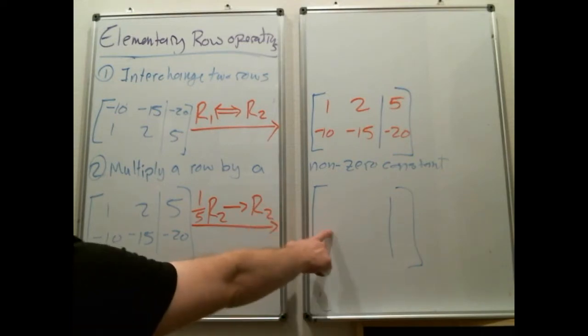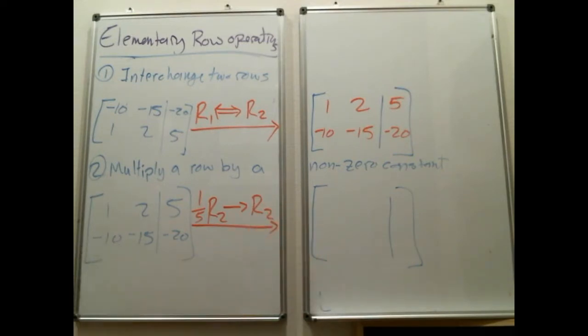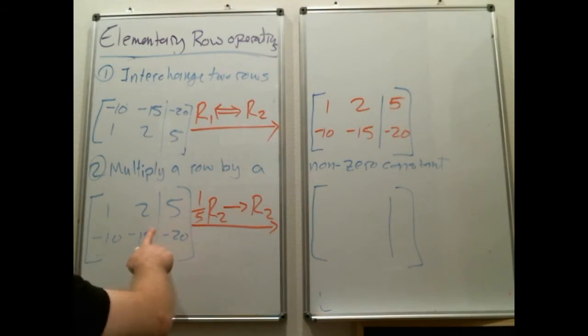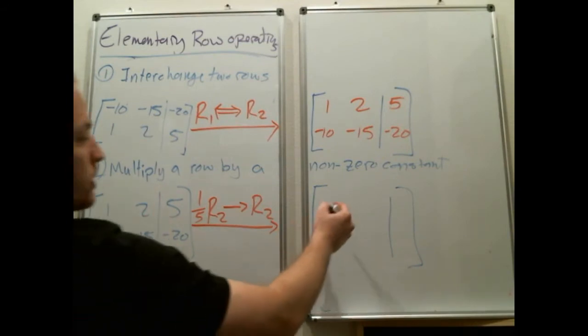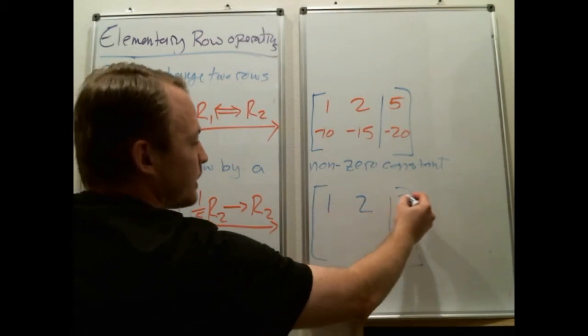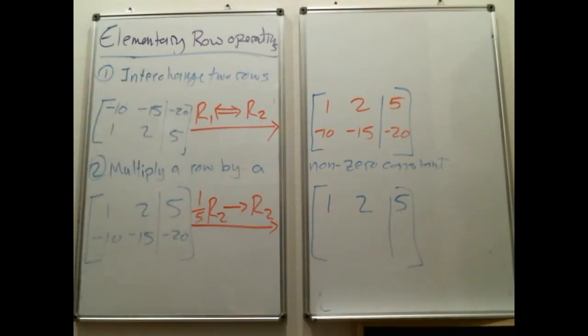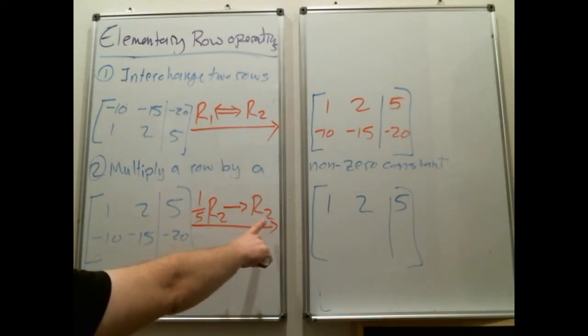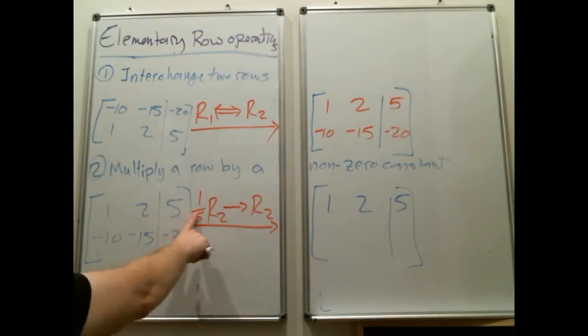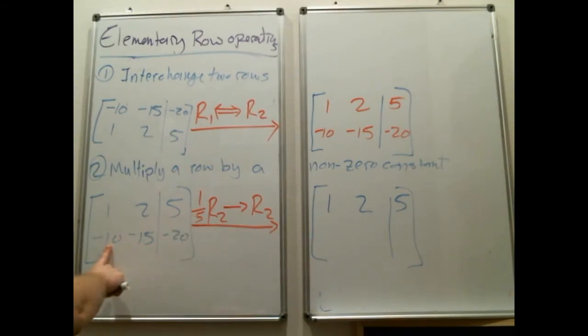So over here on the matrix I'm performing the operation to, what's not changing in this matrix? Row 1 isn't. 1, 2, and 5. So I'm just going to go ahead and write what's not changing so I can get it out of the way. Now I know row 2 is changing. So I'm taking 1/5 times row 2, and that's what I'm placing in the new row 2 over here. So 1/5 times negative 10 is negative 2.